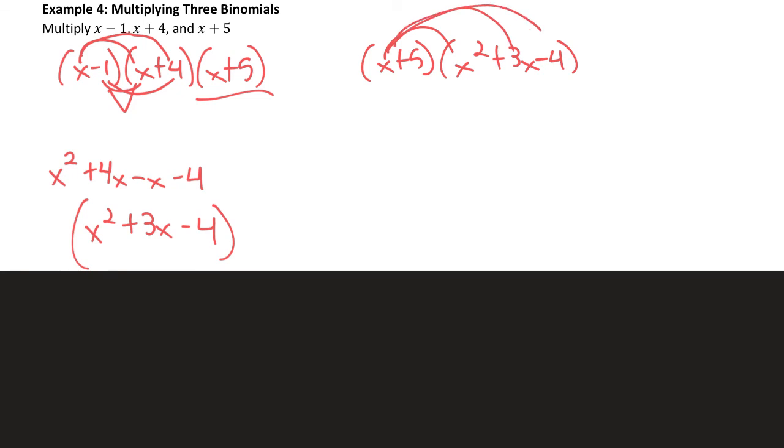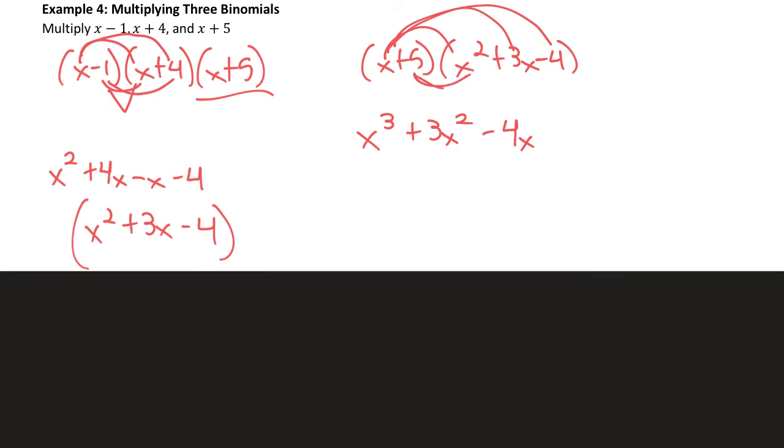So I'm going to multiply this polynomial by the x plus 5. To finish this off, again, multiplying, the order does not matter. I'm going to put x plus 5 on the front, x squared plus 3x minus 4 on the back end, and then distribute x through. X cubed plus 3x squared minus 4x.